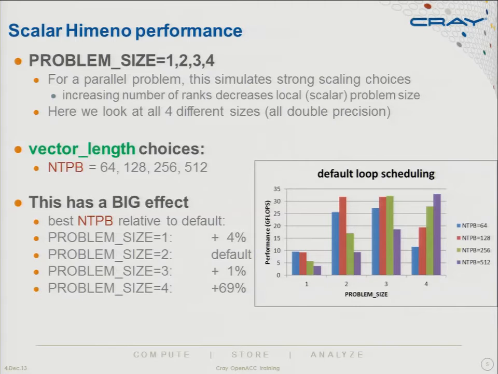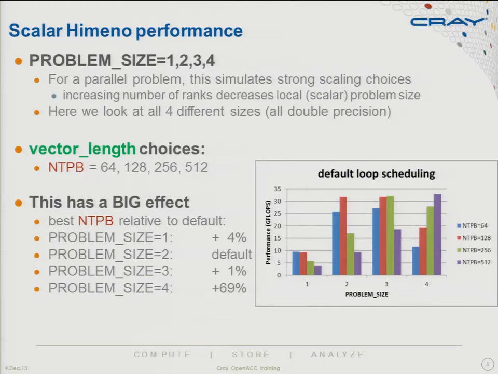And what's best, as you can see, as I vary the problem size, for very small problems, 64 threads per block is best. Then it's 128, then it's 256, then it's 512 as I increase the problem size. So it is problem size dependent. The default is 128. So what improvement can I get over the performance of 128?